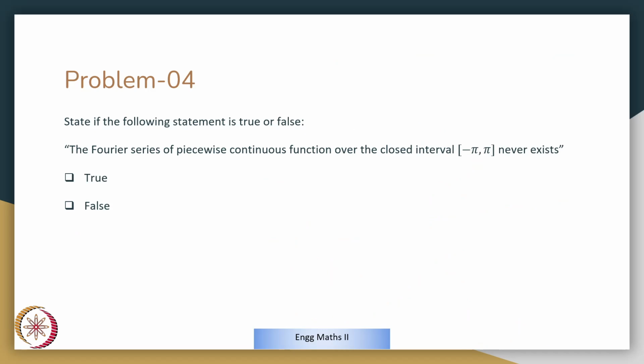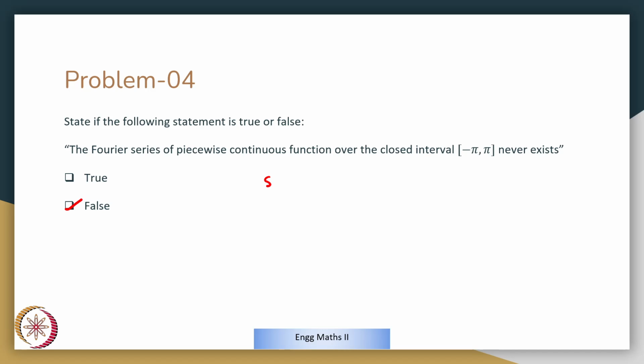Problem number 4. It's a true or false question, and it has the statement: Fourier series of a piecewise continuous function over a closed interval minus pi to pi never exists. So this statement is false.